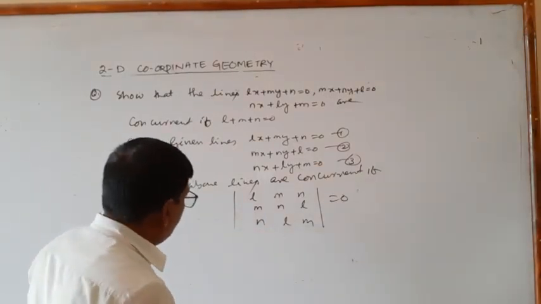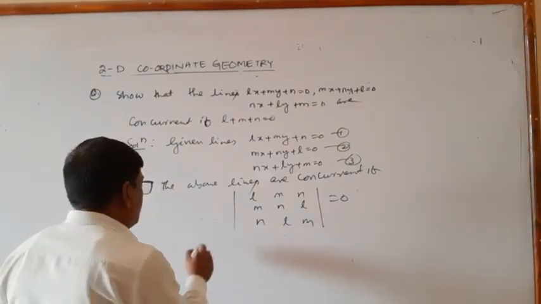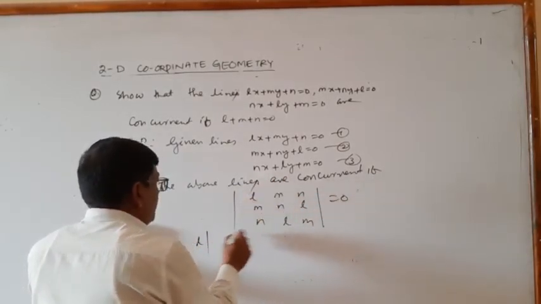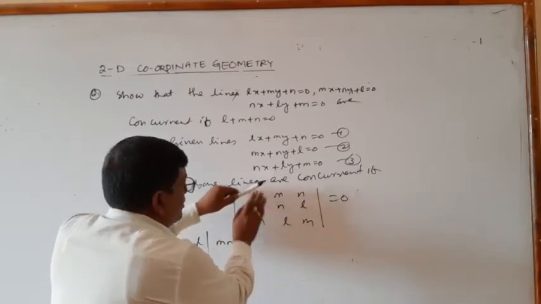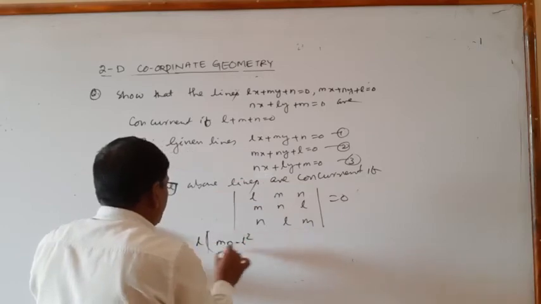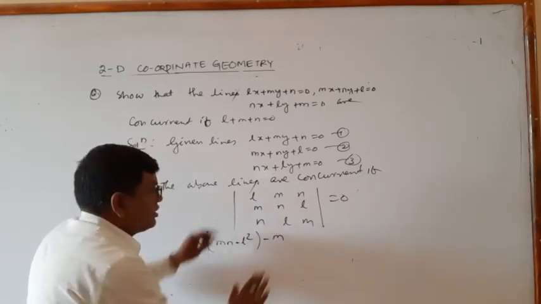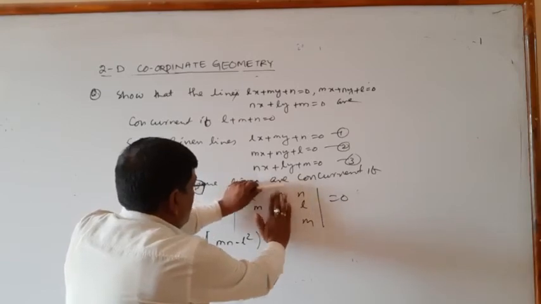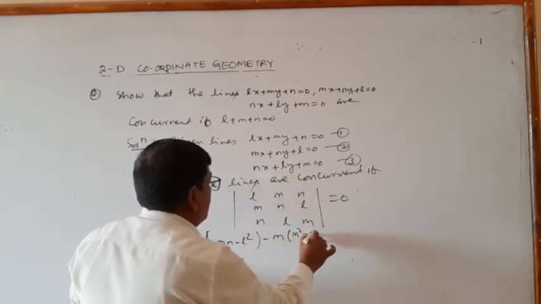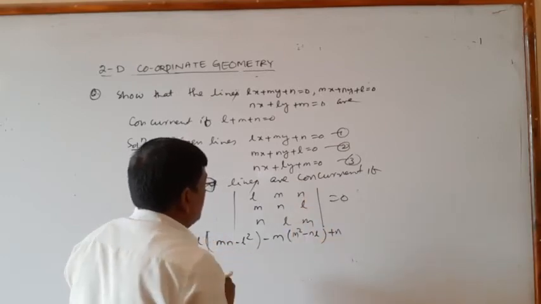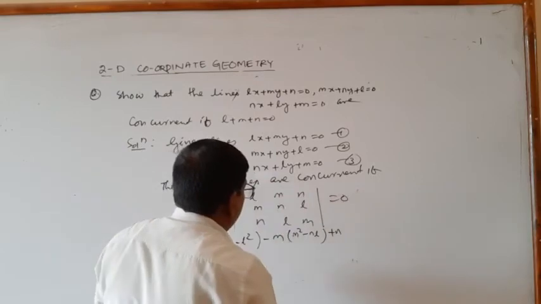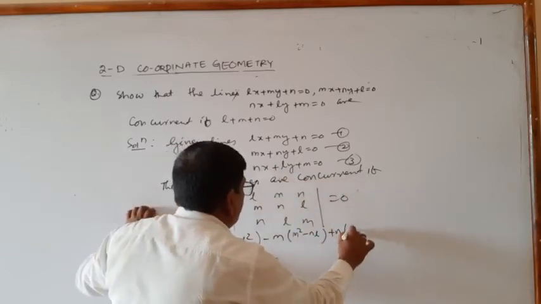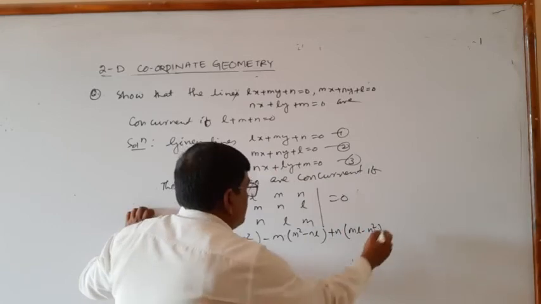So expand by the method. L into, cover this, MN minus L square, plus M into, cover this, M square minus NL, plus N into ML minus N square, is equal to 0.